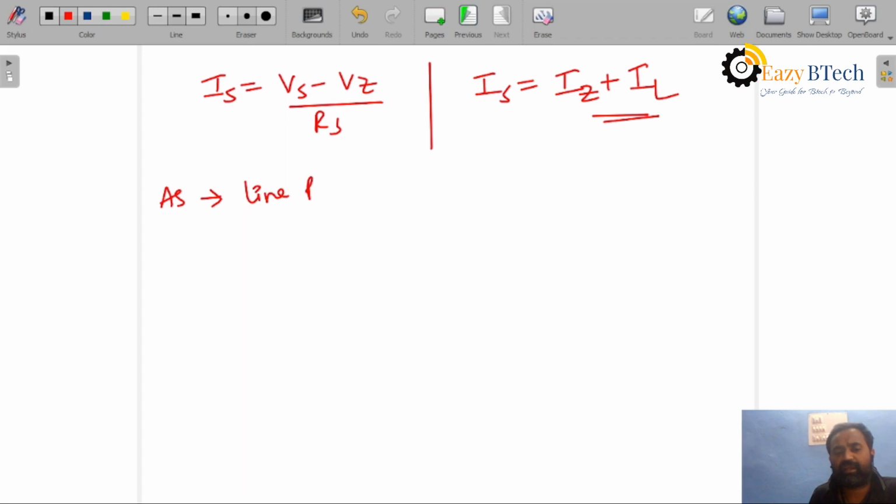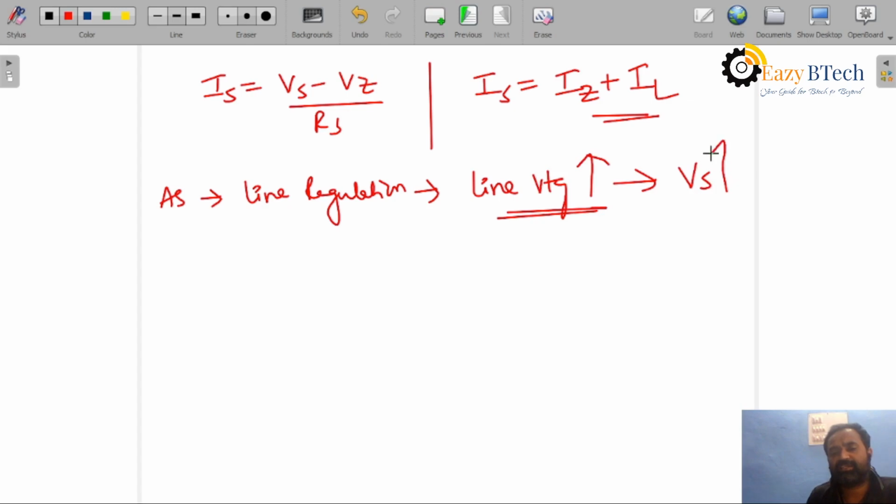Line regulation means the line voltage increases, Vs increases. As Vs increases, Vz is fixed, so Is increases.